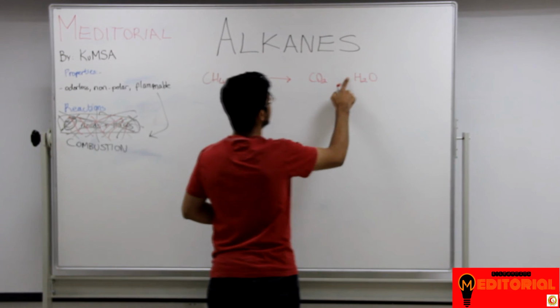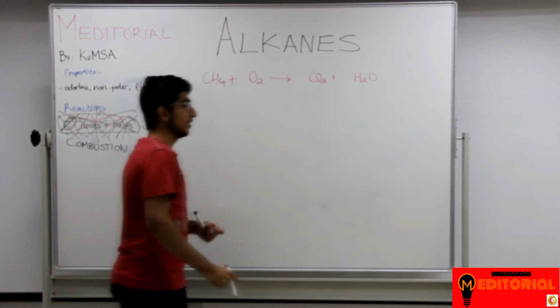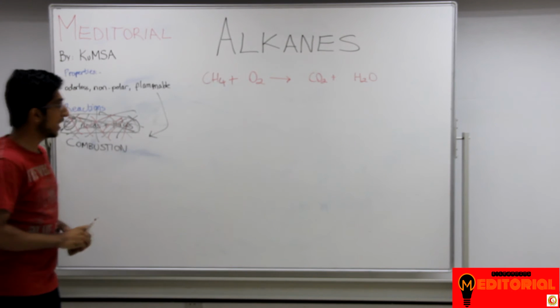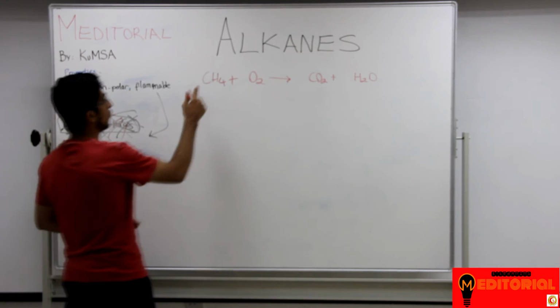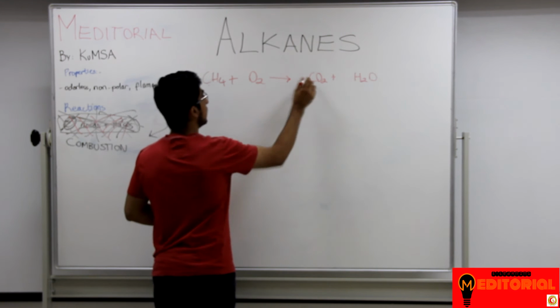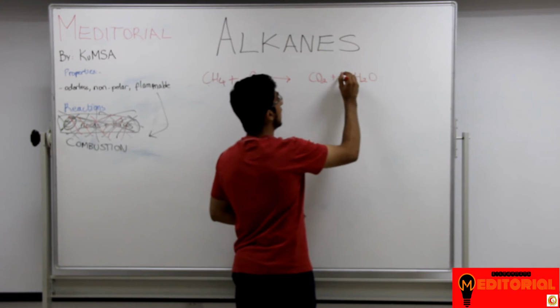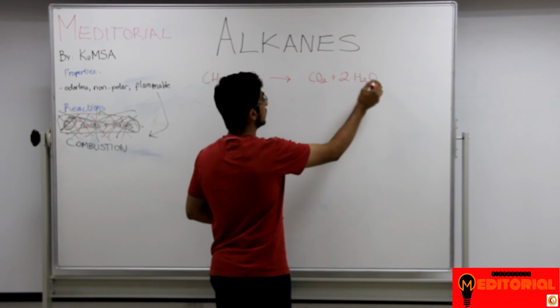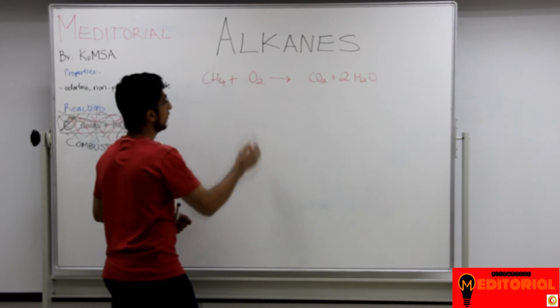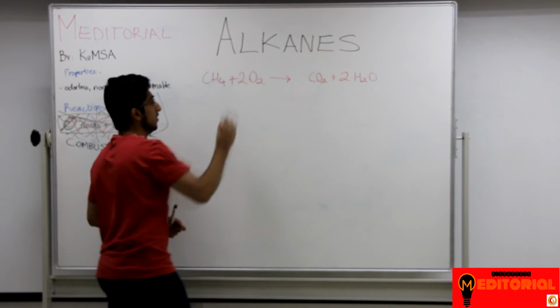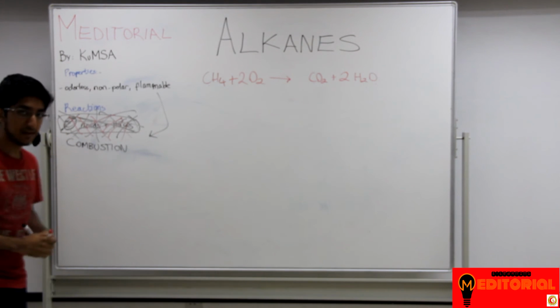Now, you can tell that this is not balanced. How can I balance this? Well, there's one carbon here, one carbon here, there's 4 hydrogens here, there's 2 here. I have to make this a 2 then. That's 2, 4 oxygens here, there's 2 here, so I have to add a 2 here. Now, the reaction is balanced.